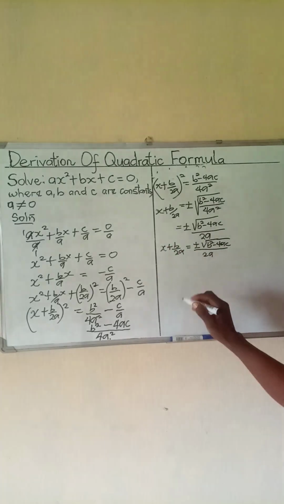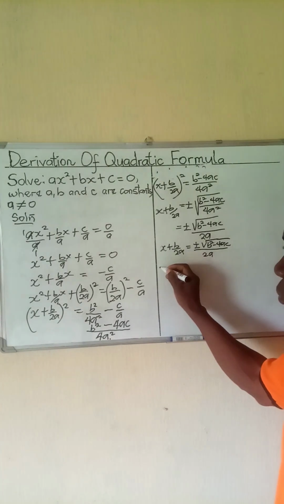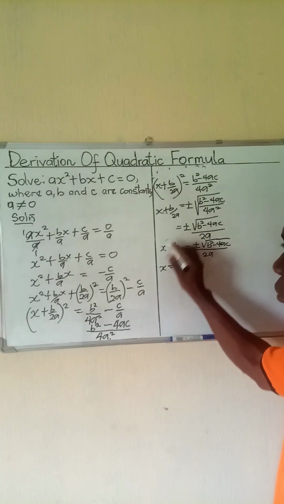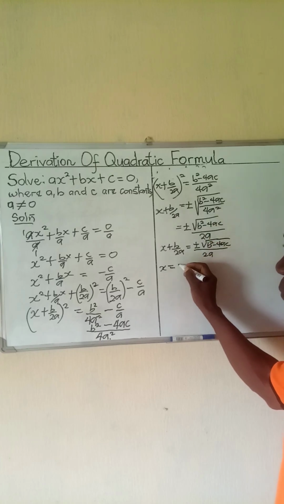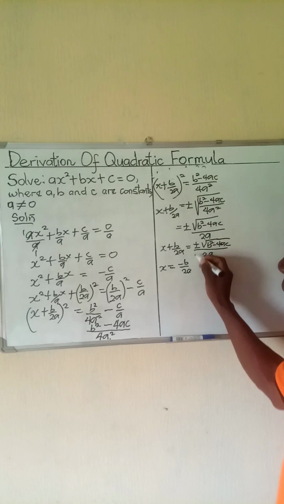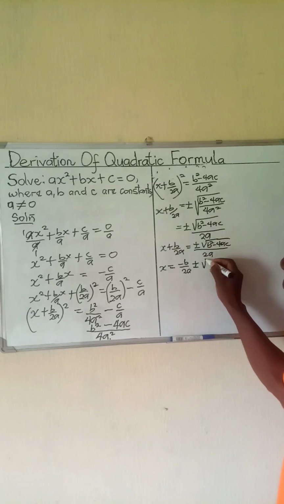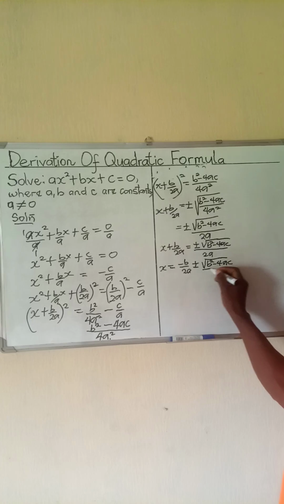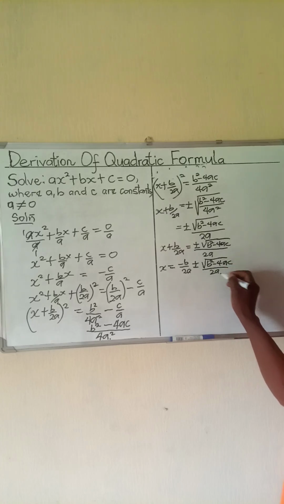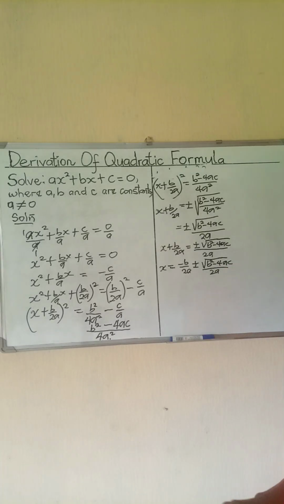So we'll make x the subject of the formula. When we do so, we'll have x is equals to, these will cross and become minus b over 2a. We'll place it first, minus b over 2a, and then connect it with plus or minus. Take note. Here we have square root of b squared minus 4ac over 2a. That's all we have.